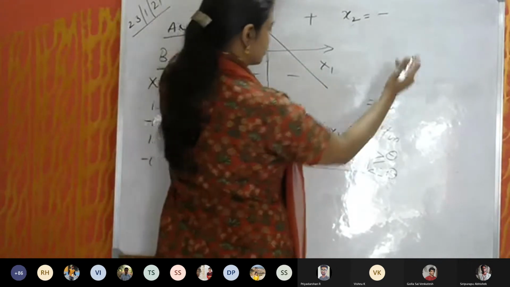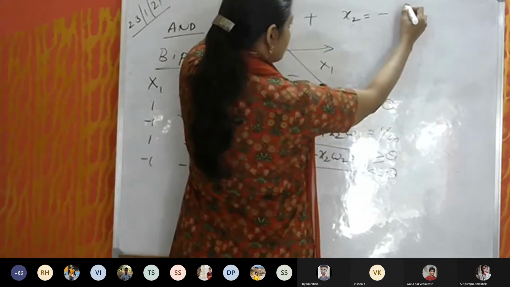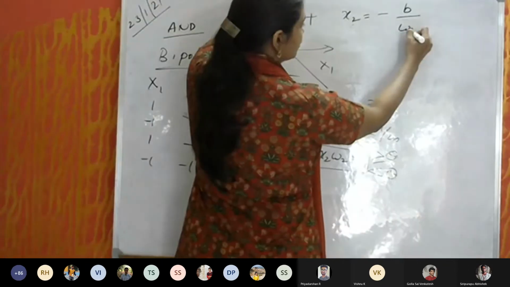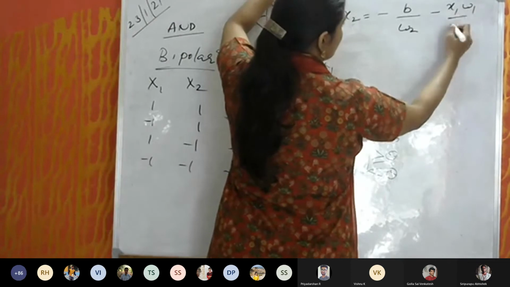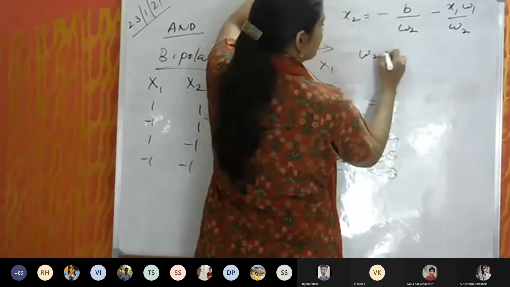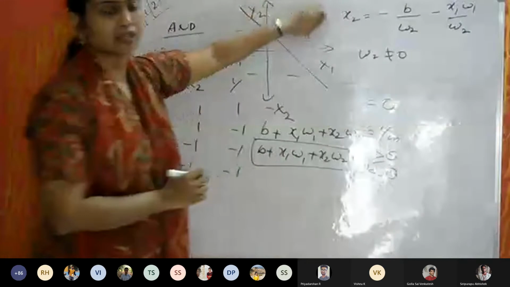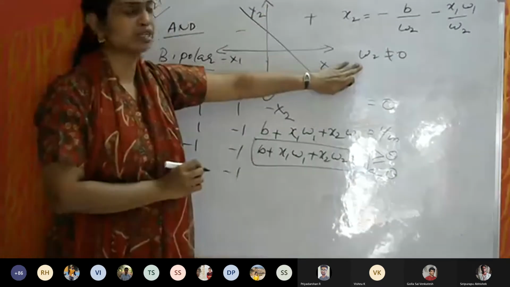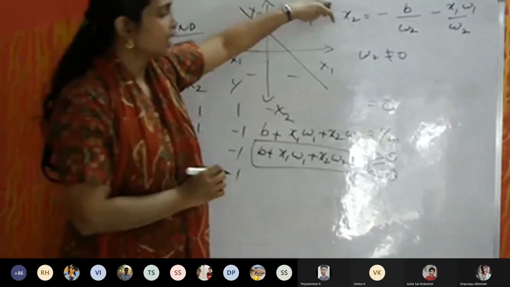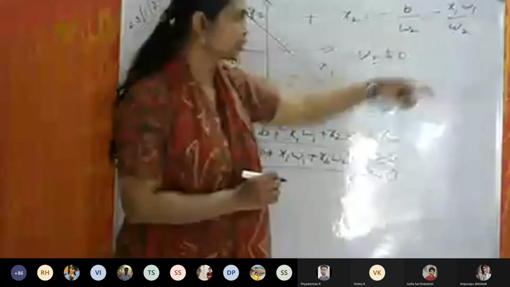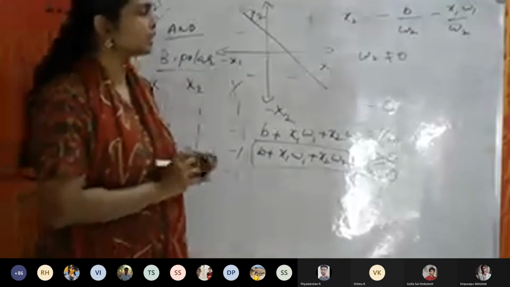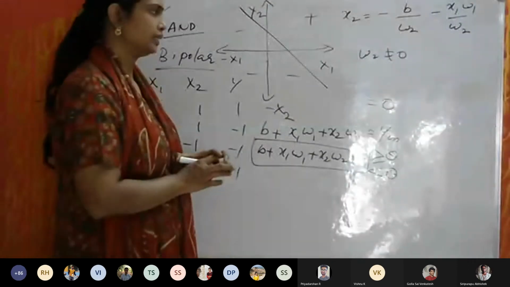So x2 equals minus b by w2 minus x1 w1 by w2, provided my w2 is not equal to 0. My w2 should not be equal to 0. So this should be my equation of a line.